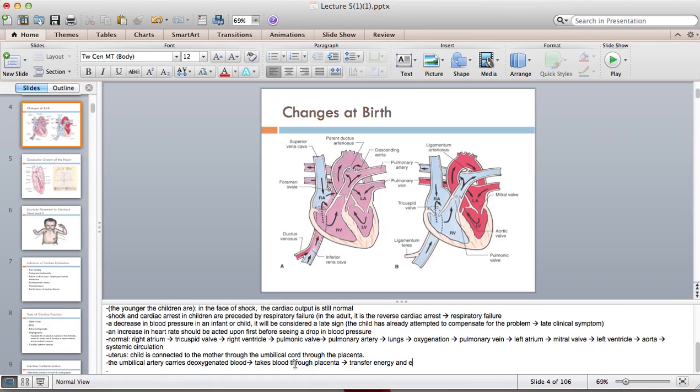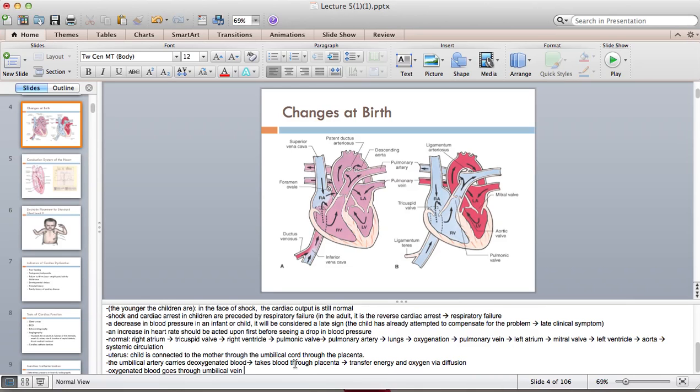And then the oxygenated blood now goes to the umbilical vein. So you know that the arteries will carry blood that is deficient of oxygen, while the veins will carry blood that has oxygen and nutrients in it.